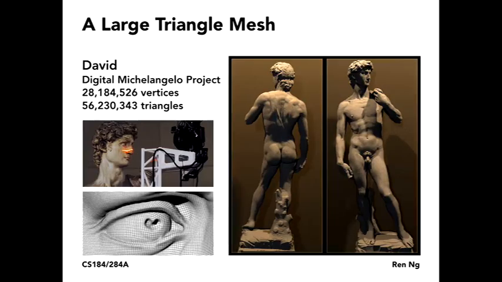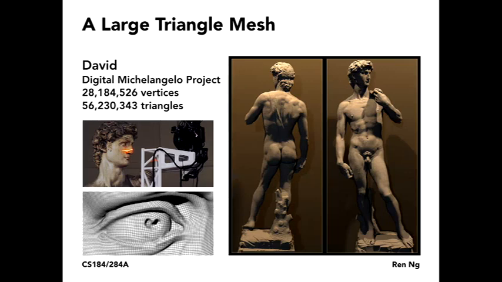And here is, in contrast, a very large triangle mesh. This was a laser scan of Michelangelo's David sculpture in Florence. Laser triangulation was used to measure empirically what the many surface positions are, and then those surface positions were meshed together to give a very fine-grained surface representation.